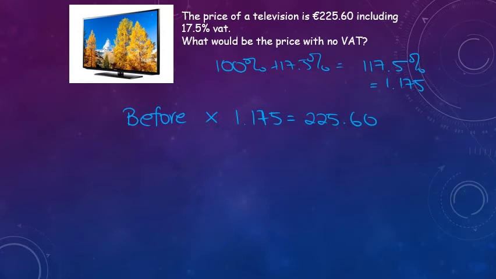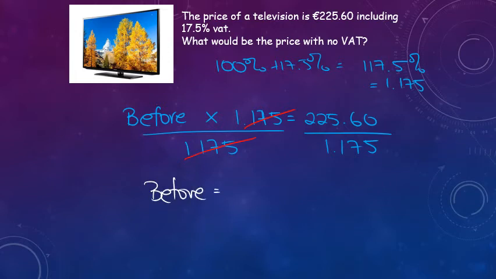So if I'm undoing that, the easiest thing to do is actually divide by 1.175. Okay, so what I'll be left with is the price before VAT is 225.60 divided by 1.175. So that leaves us with €192, and that is the correct answer. So the price before VAT was added is €192.